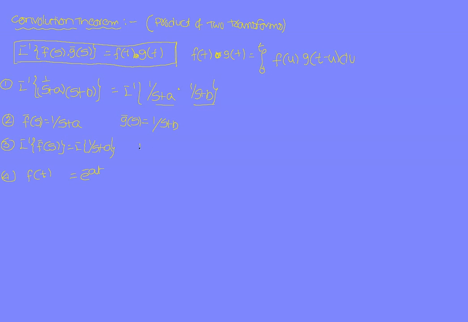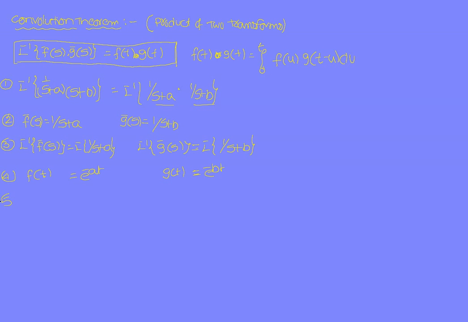Similarly, apply the L inverse to g bar of s. L inverse of g bar of s is equal to L inverse of 1 by s plus b. So g of t is equal to e power minus bt.